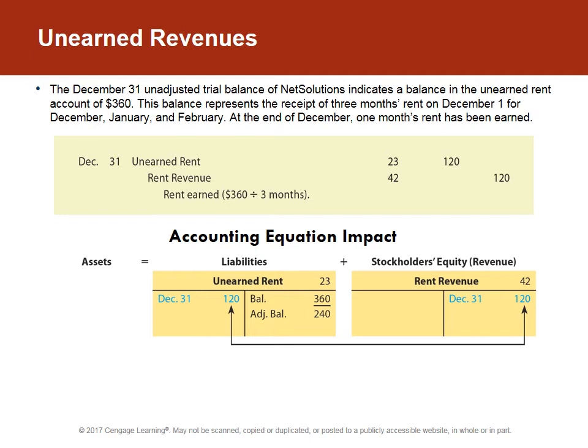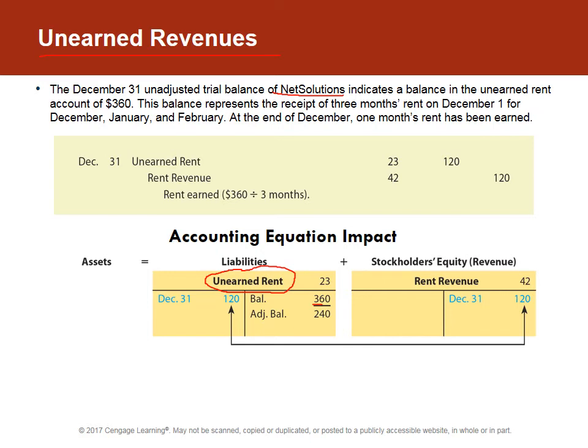Let's look at another one. Unearned revenues. Okay, these are revenues that need to be recognized. So in this example, if you recall, this is chapter 2, I think, the company, Net Solutions, received $360 in advance, and this was unearned rent.